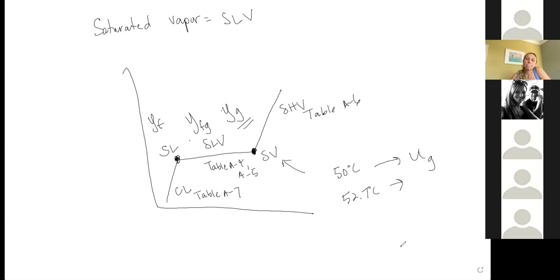If I have the exact temperature, I can just use the one that's given on the table. Yeah, if you know your entire thing is saturated vapor, you can just use that value. If you know you're entirely saturated liquid, you can use this value. If you don't know if you have a mixture, here's where you have to use the equation that includes quality. Okay. Thank you.